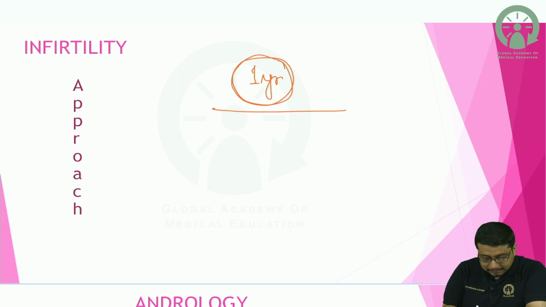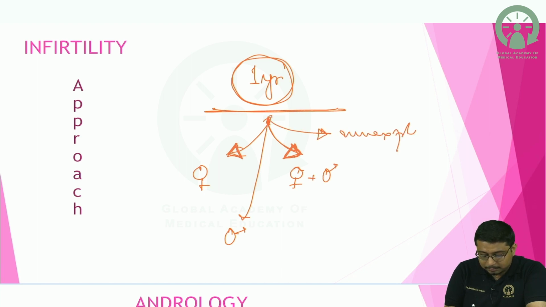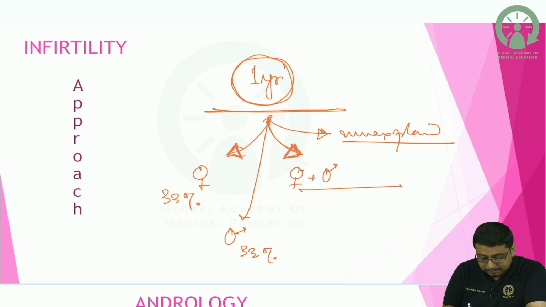And once all these are done, then we are left with the female factor, the male factor, both partners, and unexplained. Right? So this is about 33%, this is about 33%, and these two combined are about 33%.